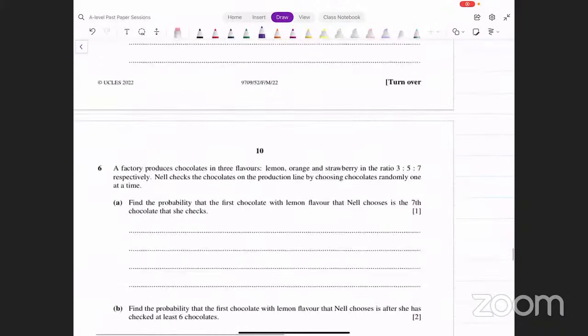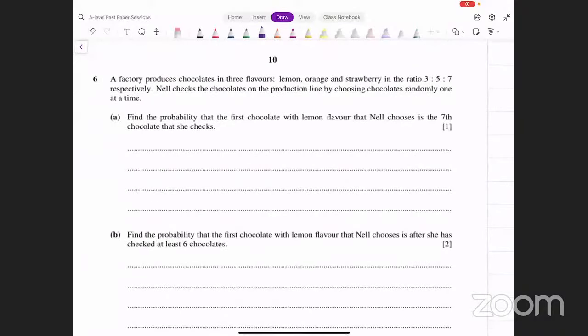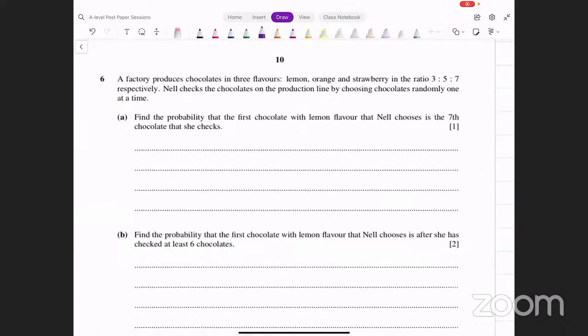Okay, let's move on. Now we've got a factory that produces chocolates in 3 flavors, lemon, orange, and strawberry, in the ratio 3:5:7. So we have some lemon chocolates, orange chocolate, and strawberry chocolates.